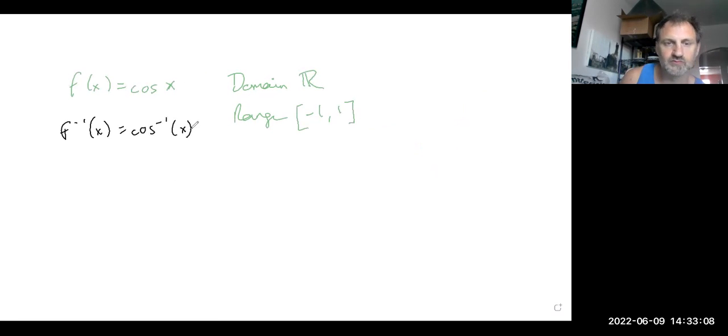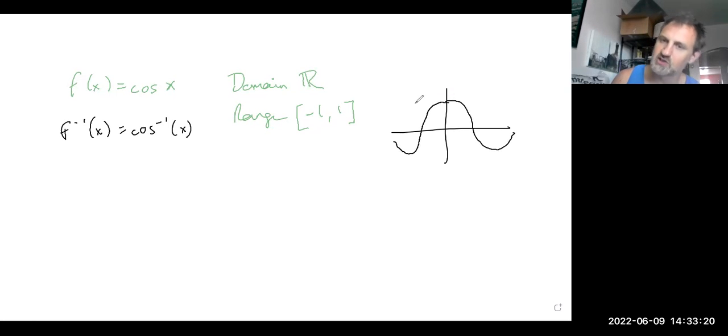Now we have a problem as we think about taking cosine. Let's go backwards. As I start to flip this across my imaginary y equals x line, I'm going to start running into vertical line problems.